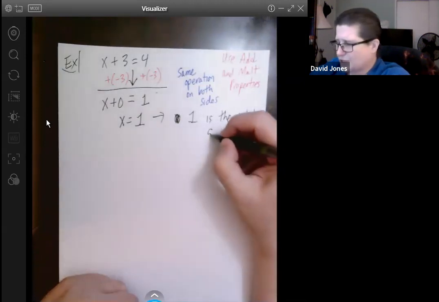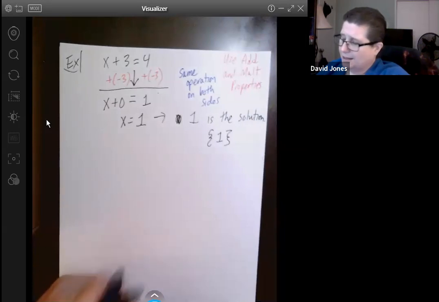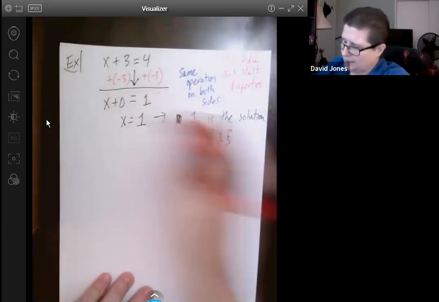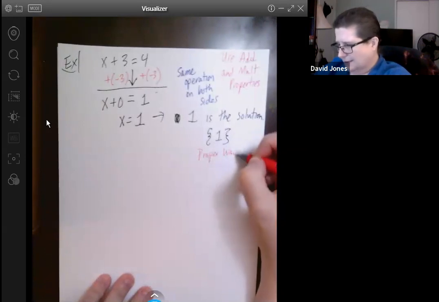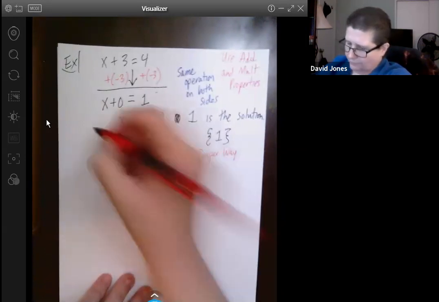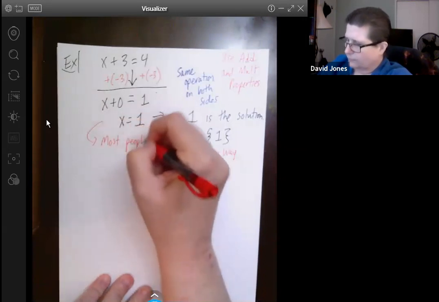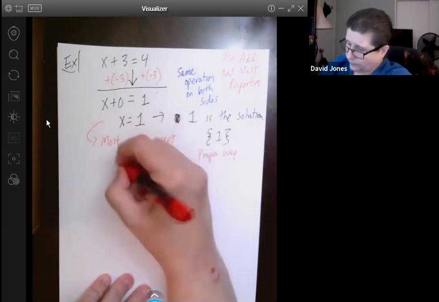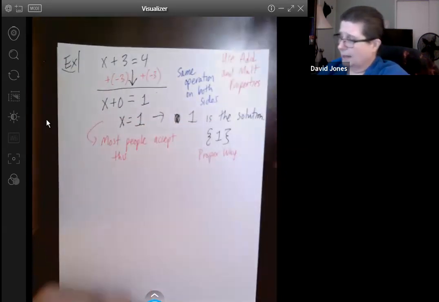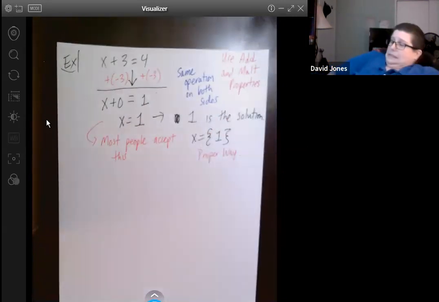In set notation, it's like that. This is the proper way, though most people accept this. Actually, they say x equals 1.